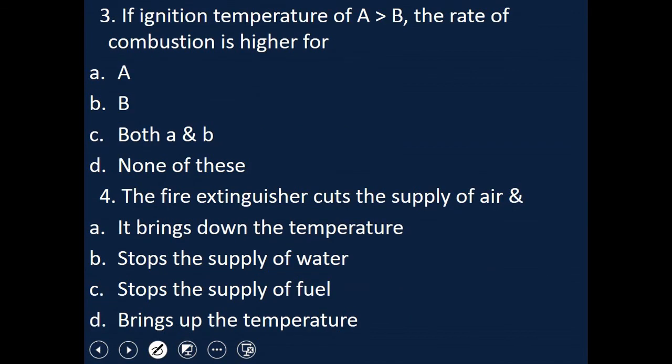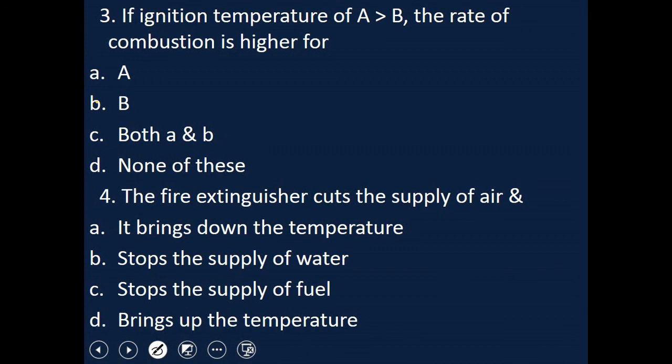Then, next question. If ignition temperature of A is more than B, the rate of combustion is higher for whom? I want to mention one point here. The rate of combustion is inversely proportional to ignition temperature.